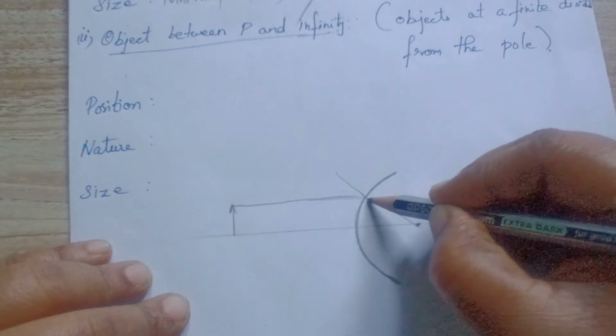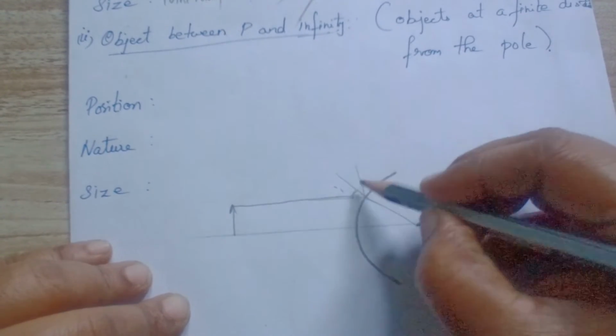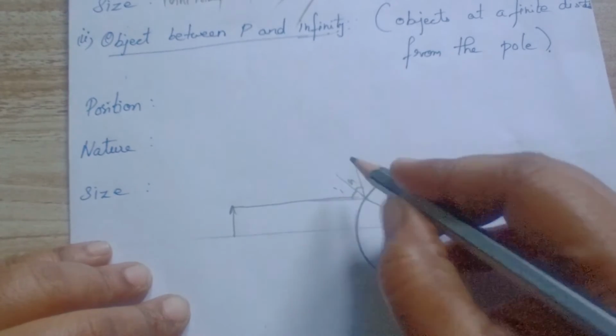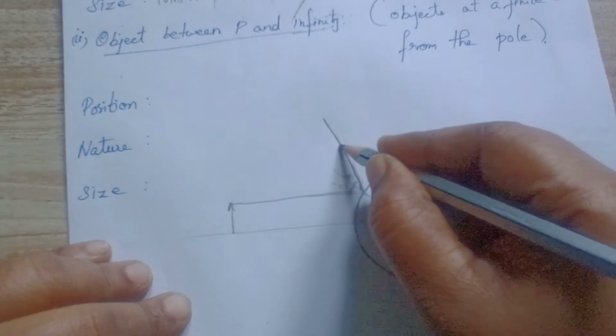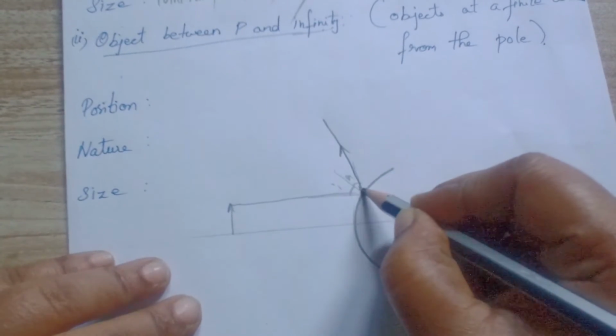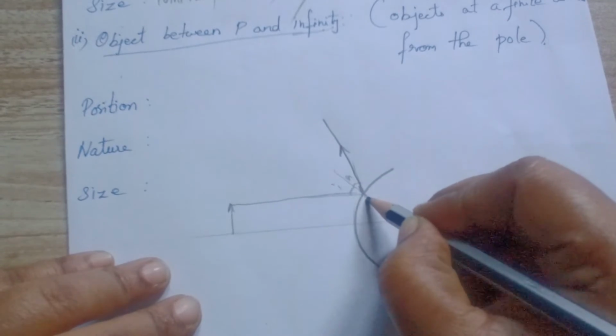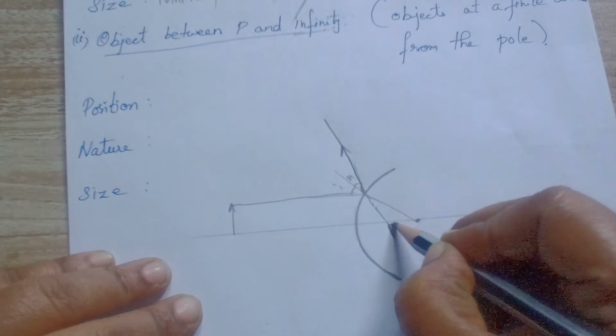Extend this. This is your I. So this will be your same angle R. So this will be diverted. It will reflect at this. From where will it be diverging? It will be diverging from the point of focus. This is your focal point.